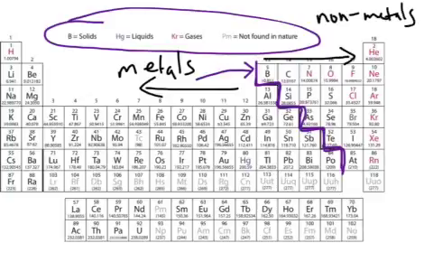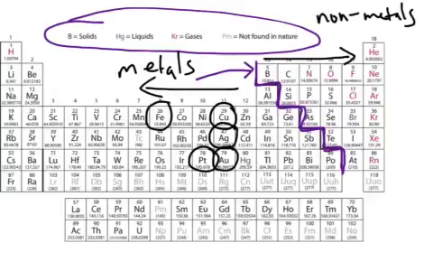If we look at some metals that you're familiar with, like copper, sure enough it's to the left of the staircase. There's silver, gold, platinum, and iron, all to the left of the staircase.